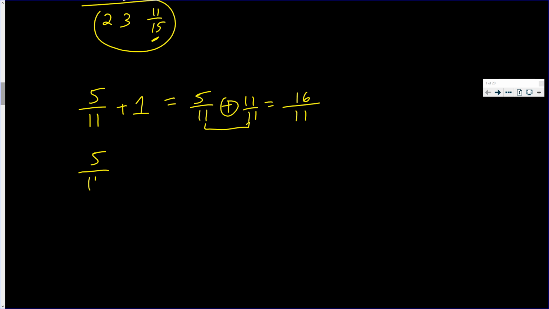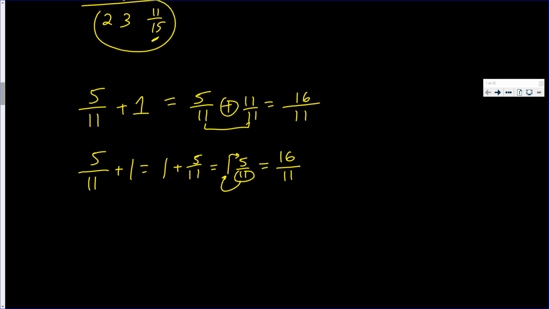Or you can say, you don't have to write this if you don't want, this is 1 plus 5 elevenths, which is 1 and 5 elevenths. And we learned earlier that 11 times 1, which is 11, plus 5 more is 16. That's the numerator, and you keep the denominator.